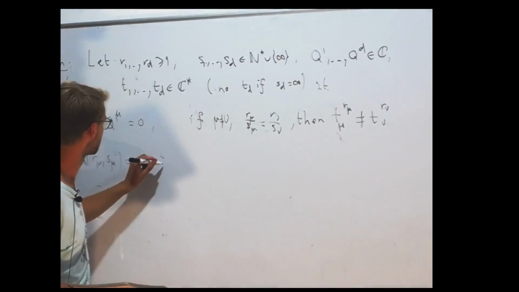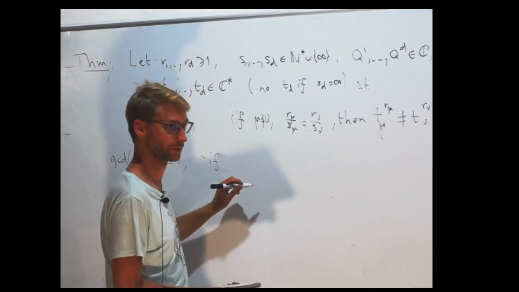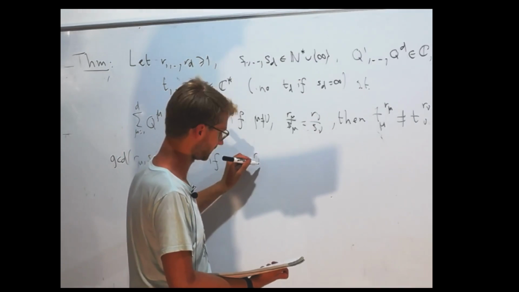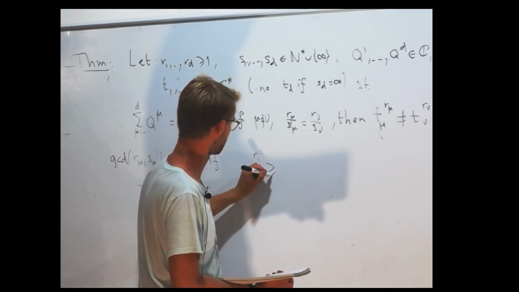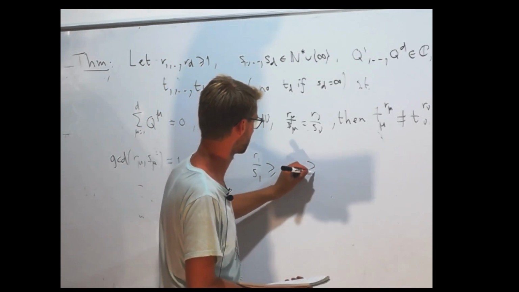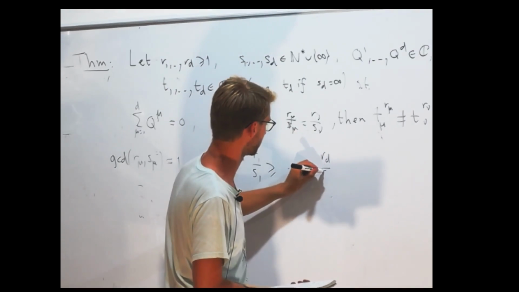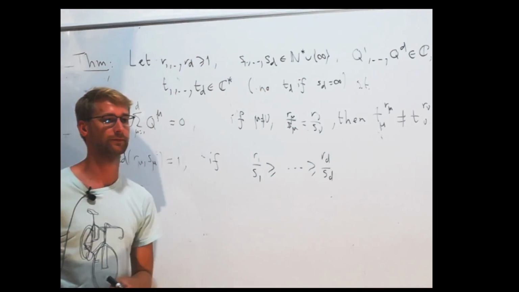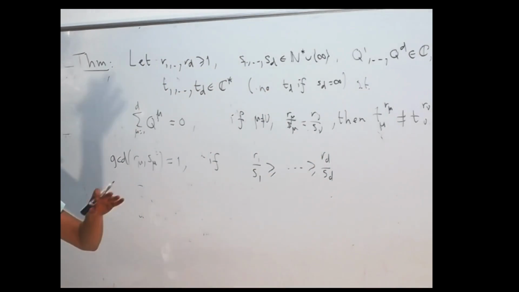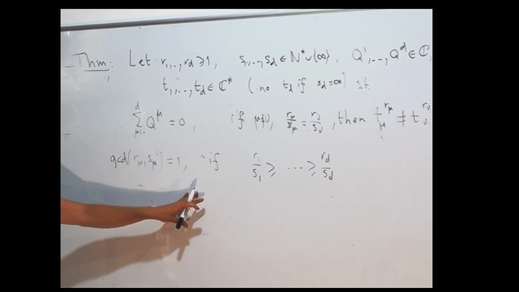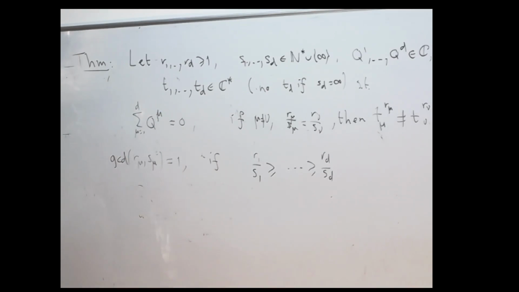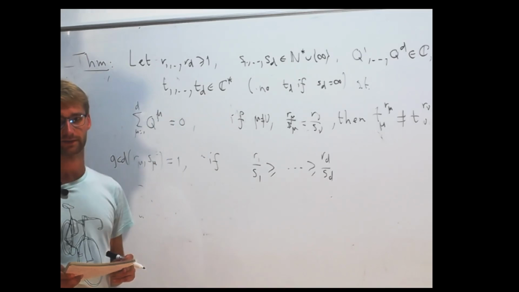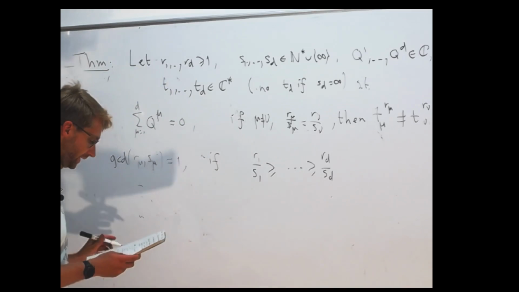And also, if we order them, so we say R1, S1, we order them like this. This is something we can do. So these are all things I've actually written down before. I'm just writing them as conditions now. Now it turns out there are some more conditions which are kind of weird.